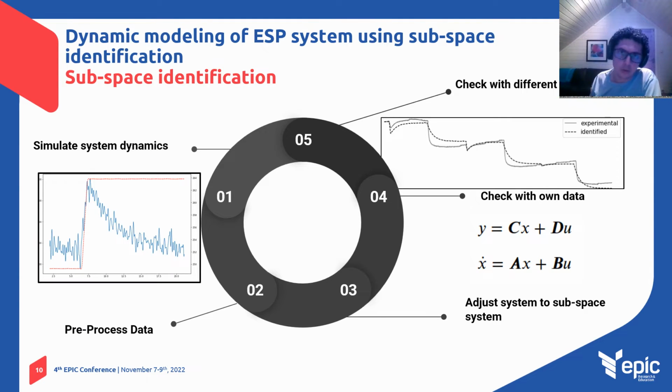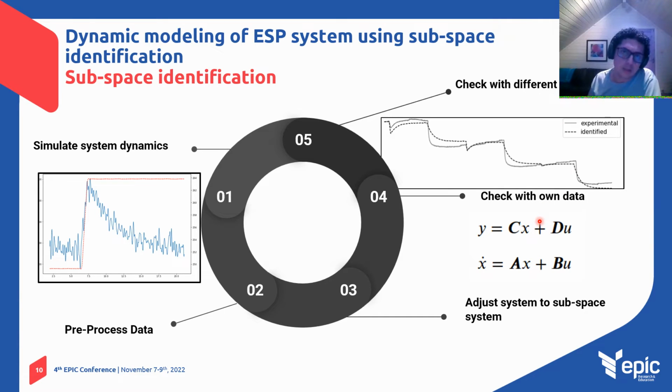The procedure for subspace identification consists of the simulation of the dynamical system on an experimental bench, the pre-processing of the data, and the adjustment of the system to a state space system by a computational method, N4SID.